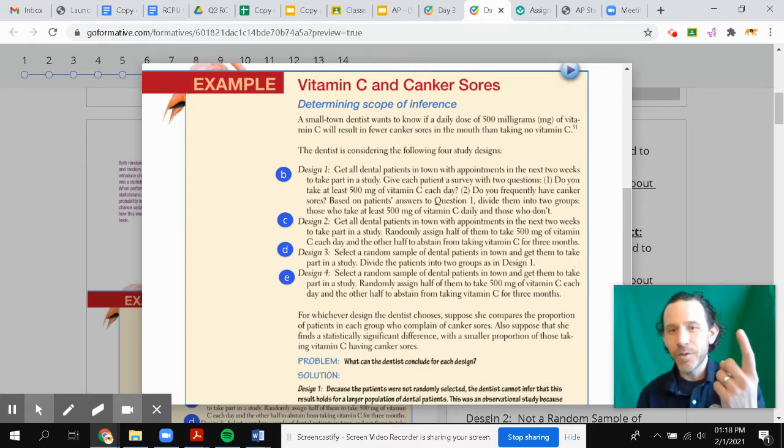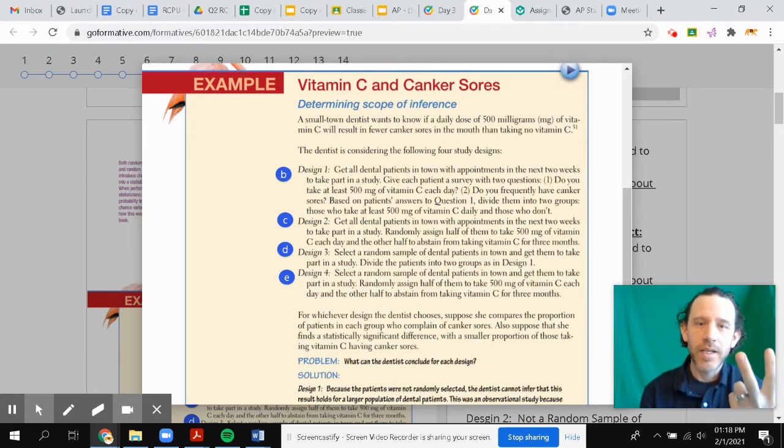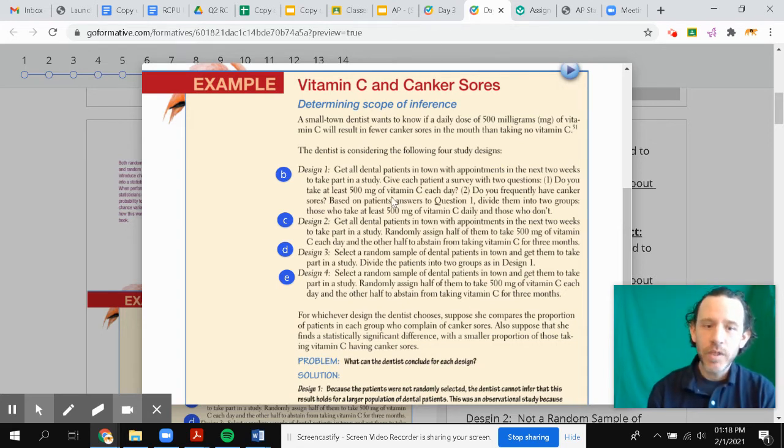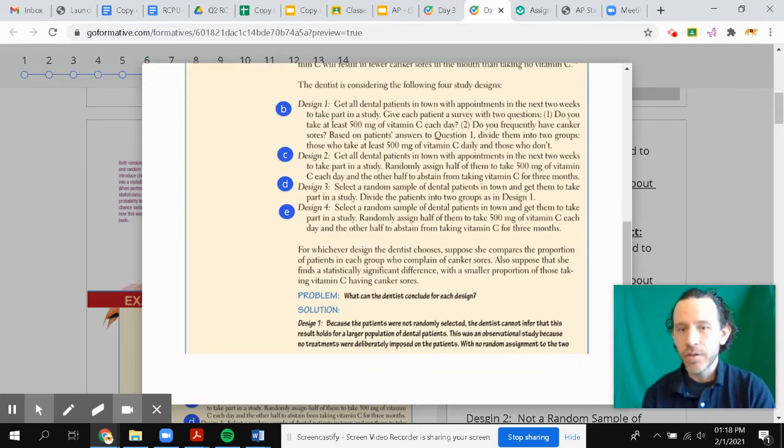So we, 1, don't have a random sample. It's just the patients in the next 2 weeks. And 2, we don't have treatments assigned. We're just observing what they say. So that's a no and a no to those 2 options. And we can then go down and see what kind of conclusion we can have based on that.